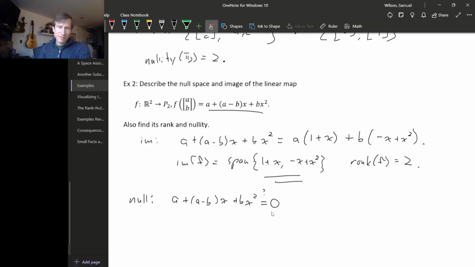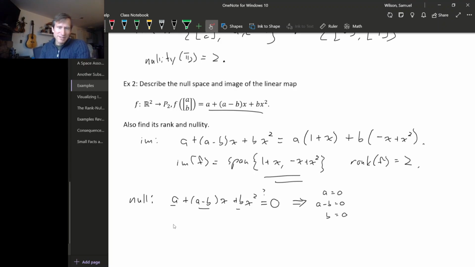A polynomial is equal to the 0 polynomial only if all the coefficients are equal to 0. So we can turn this into a linear system. a has to be equal to 0, because the first coefficient has to be 0. The second coefficient has to be 0, so a minus b has to be equal to 0. And the last coefficient has to be 0, so b has to be equal to 0. So both a and b have to be 0.